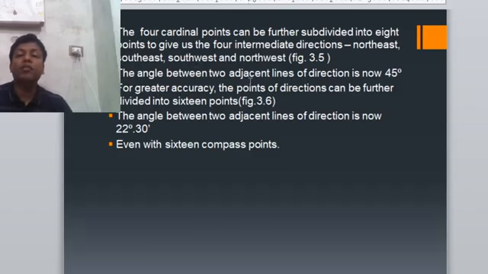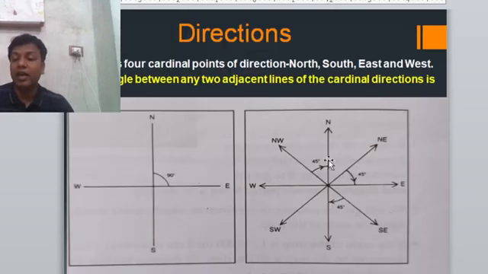Now this 45-degree angle can also be divided into half. Half of 45 is 22 degrees and 30 minutes angle. Dear students, these 8 directions can be divided into 16 directions.